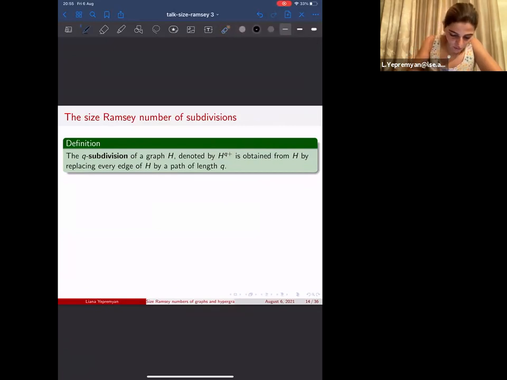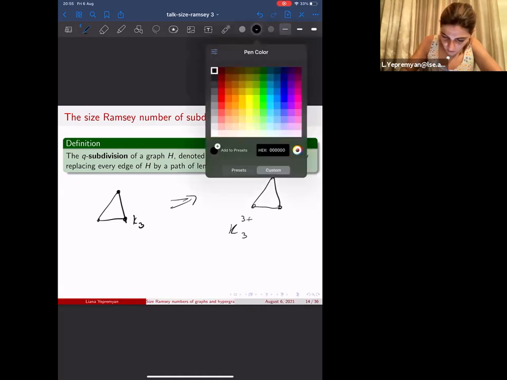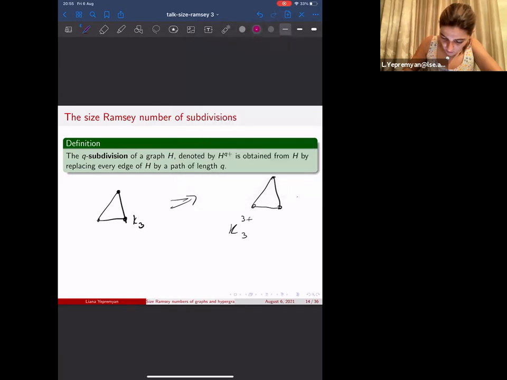So if, for example, I have K3, then K3 subdivision 3+ would be the same graph, except now I add some new vertices inside such that I obtain a path of length 3.